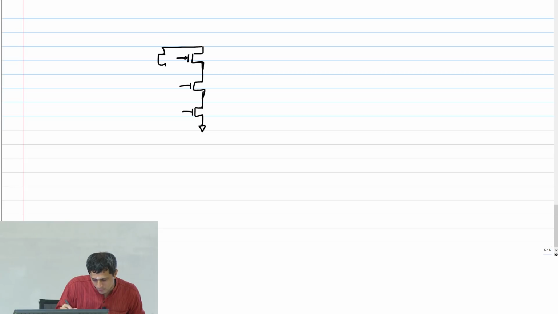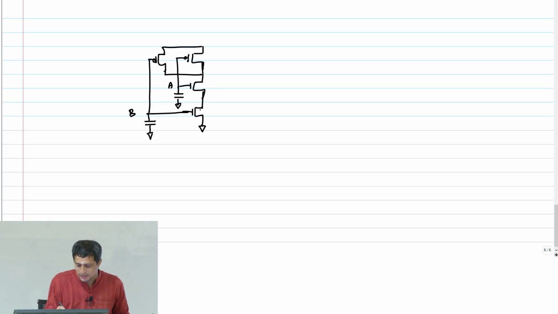Therefore, I will redraw my NAND gate with the net capacitances as follows. Inputs are shorted. I have one capacitance between A and ground, another capacitance between B and ground.